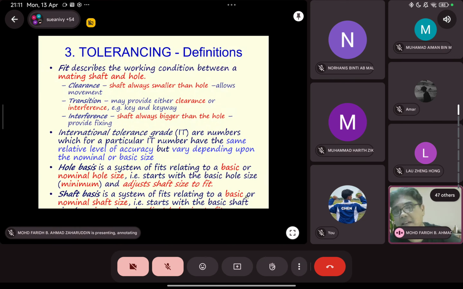IT1, IT16, the application is different because the performance of the manufacturer to produce those IT1 to IT16 is different. You will see later. Okay, I show you senang kot, tunjuk senang. Nanti kan susah.